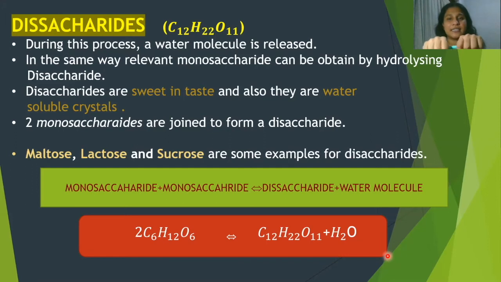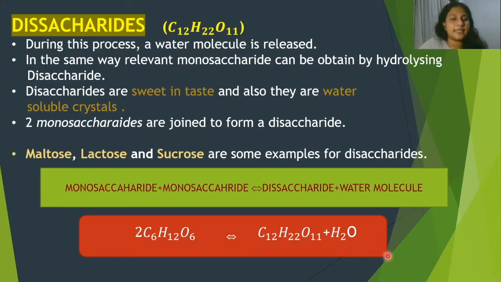Hope you all can understand. This is one structure of monosaccharide, this is another, and here they get bonded and it forms a full disaccharide structure. Okay.